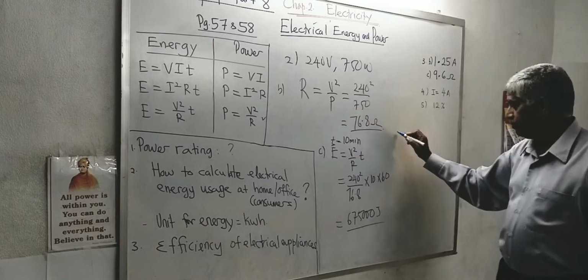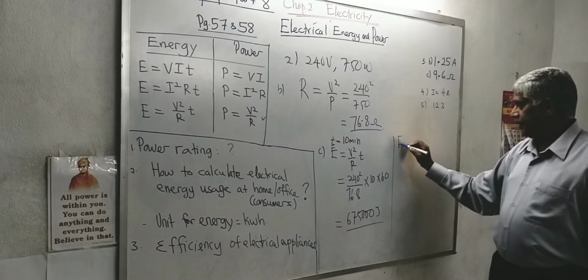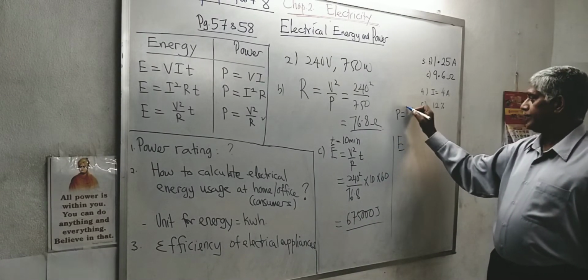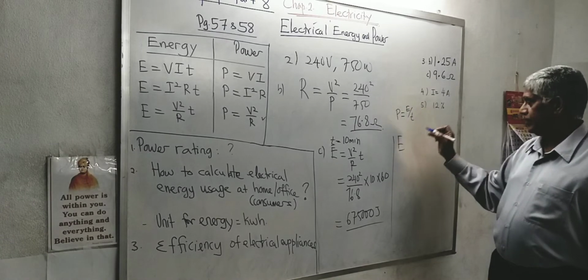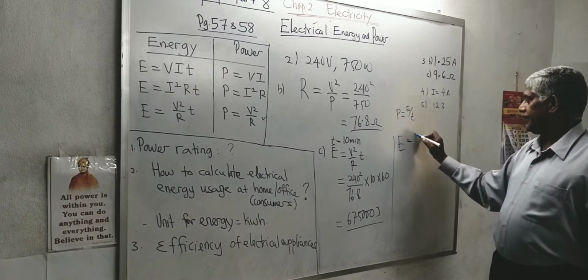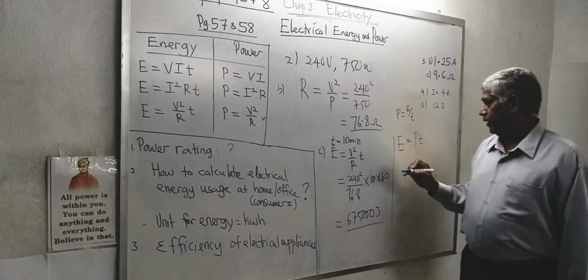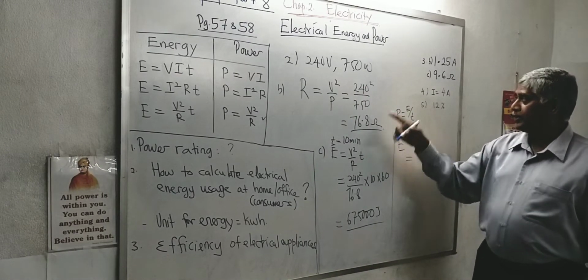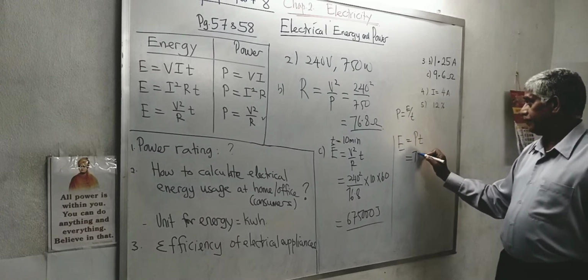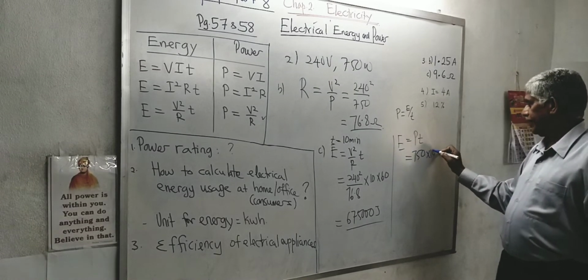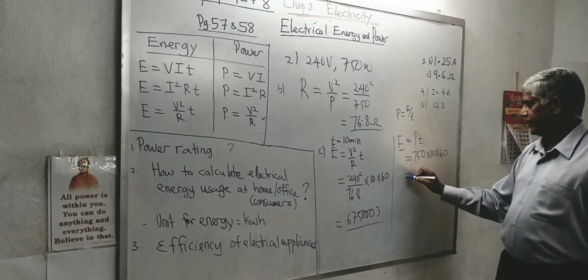But there's another simpler way. We know that power is energy divided by time. Therefore, energy is power times time. What is the power? 750 watt. Time is 10 times 60 in seconds.